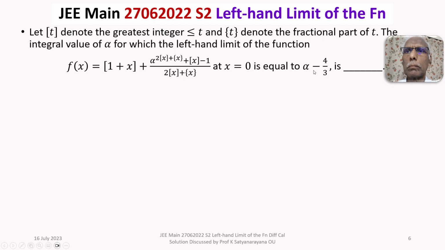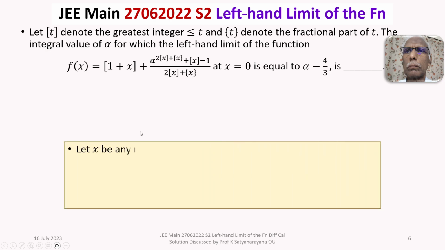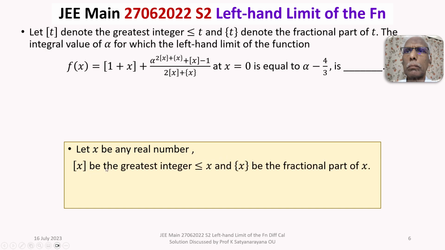We first get familiarized with the greatest integer function and the fractional part function. These are the two concepts which we require. Let x be any real number, then [x] is the greatest integer less than or equal to x, and {x} is the fractional part of x.